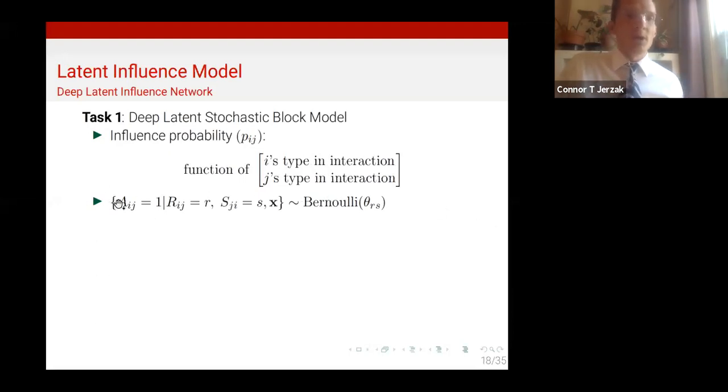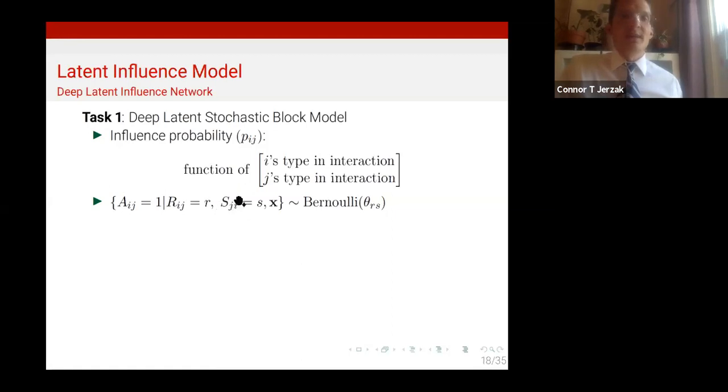So the probability here, this line here will just say that the probability that J influences I is just a function of the receiver type. This R stands for receiver, the receiver type of unit I in this interaction. Unit I is receiving influence here, and there's a specific latent type associated with that.